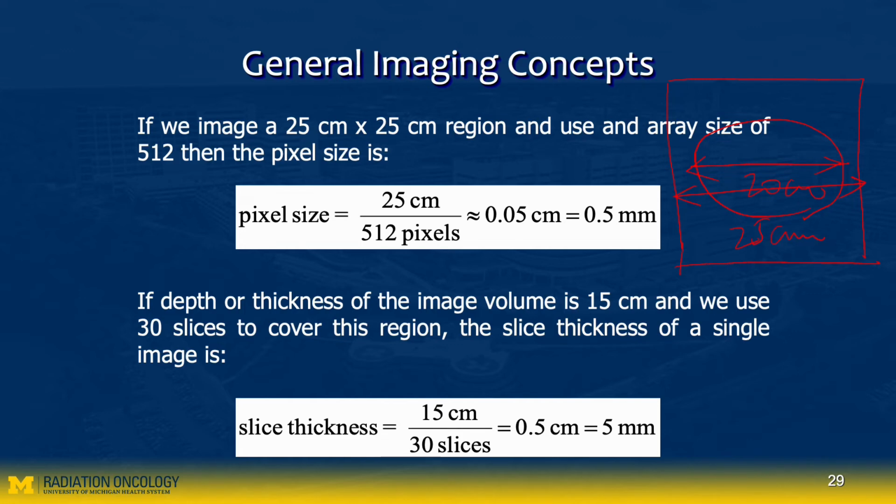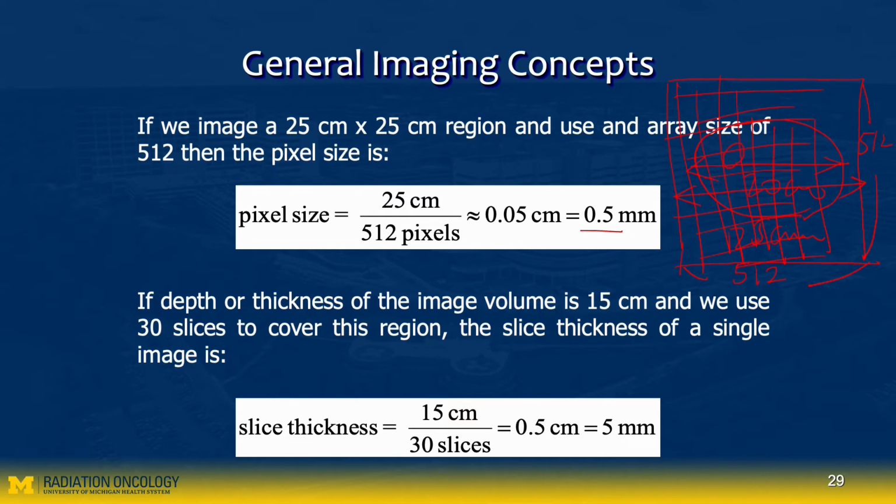And then it is covered by 512 pixels by 512 pixels. So there is basically 512 of these. Then each pixel size will be less than a millimeter.